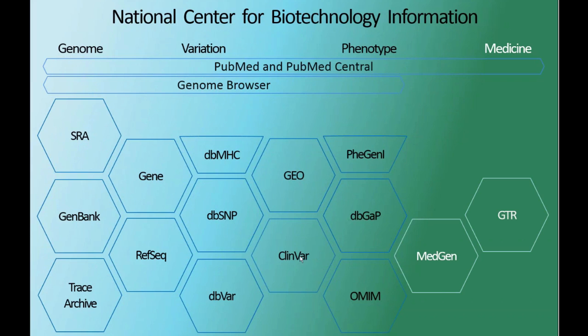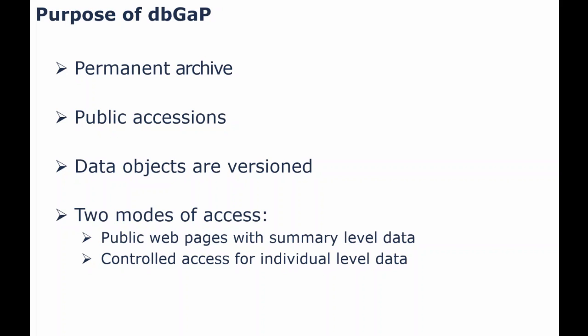ClinVar is similar to OMIM, but it's not textual based like OMIM is; it has more structured elements to it. And then MedGen and GTR, the Genetic Testing Registry. This slide is mostly just to orientate you on NCBI.